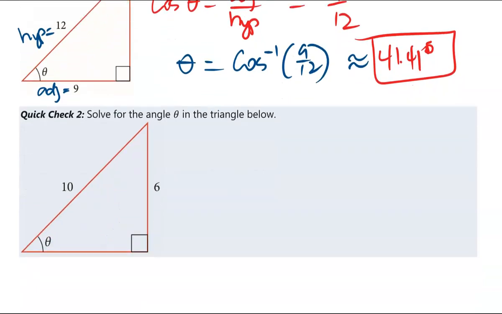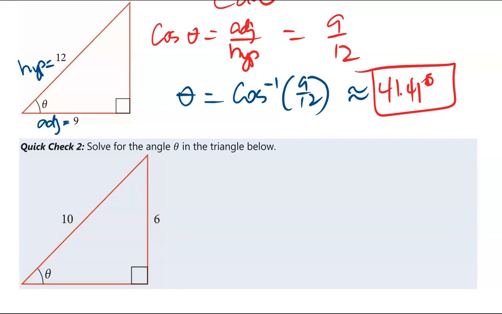Okay, let's try a quick check number 2 here. Given the theta, we have this side and these two sides, 6 and 10. 6 is the opposite side and this is the hypotenuse, and for opposite and hypotenuse, SOHCAHTOA says we need to use sine.